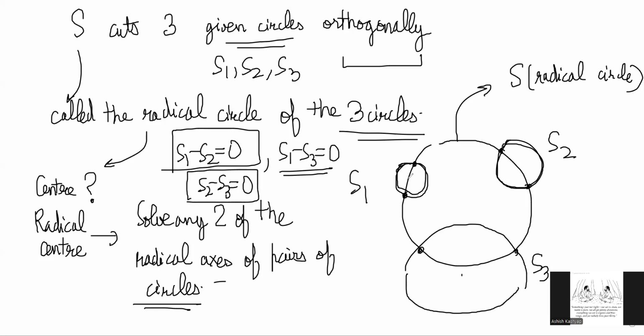These straight lines will intersect at some point. That point becomes the radical center. This is radical axis 1, this is radical axis 2, this is radical axis 3. That point is the radical center, and that is the center of the circle S. So in this problem, since we know the three equations, I can easily find the radical axis of S1 and S2 by subtracting the equations, S1 minus S2 is equal to 0.